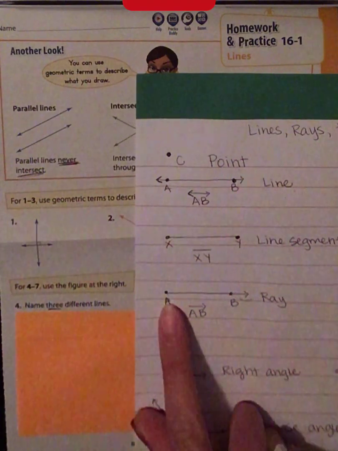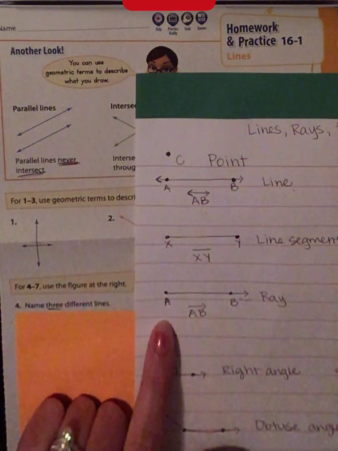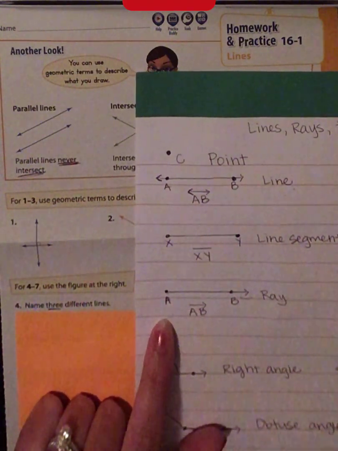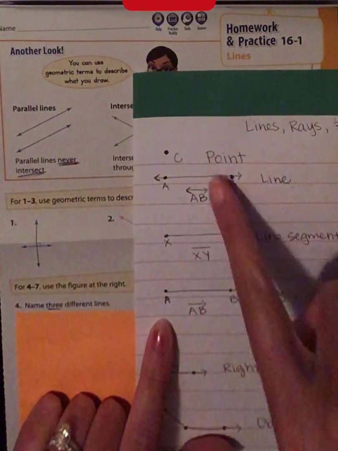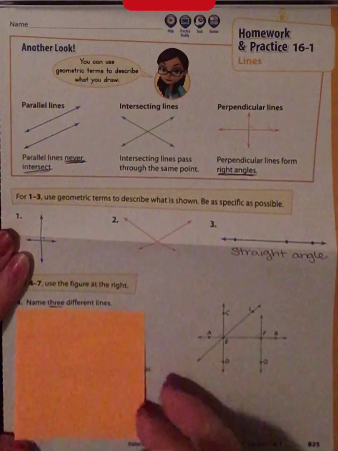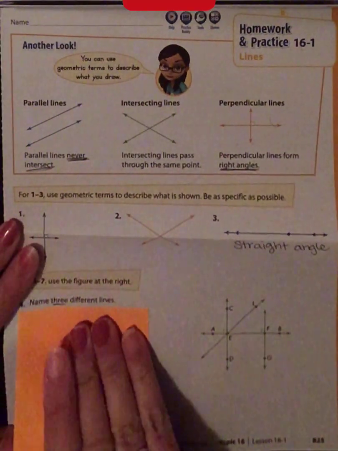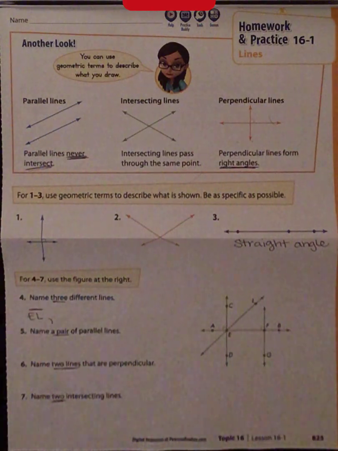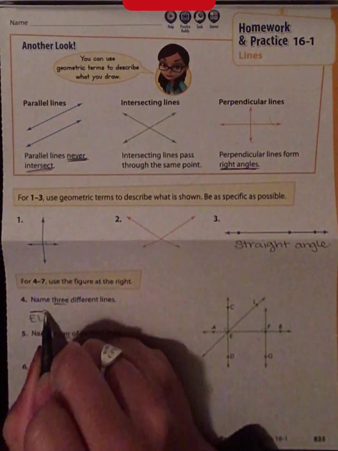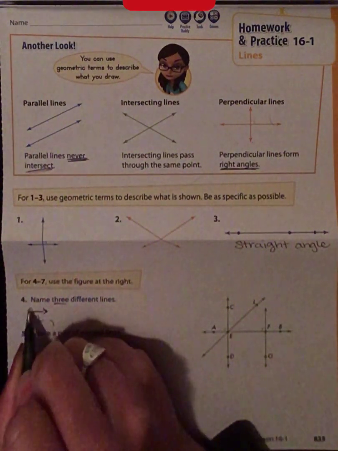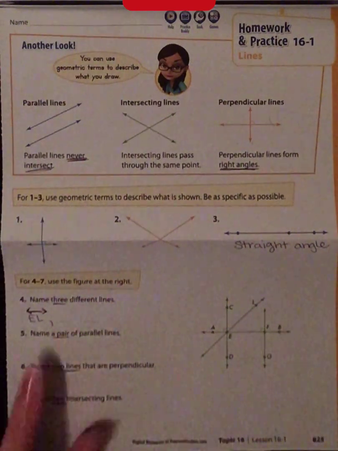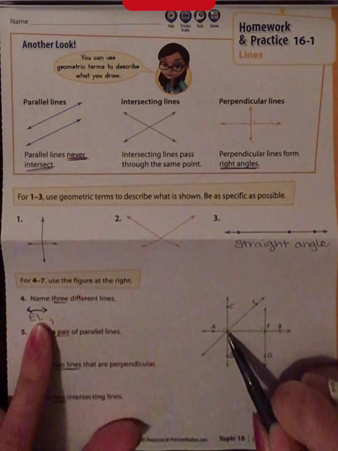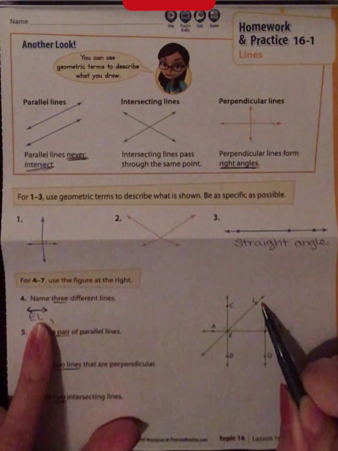A ray starts and goes on forever in one direction. A lot of times, the only difference is how you name it. If we're naming 3 different lines that go on forever, we want to make sure that they have arrows on top. So I've got line EL.